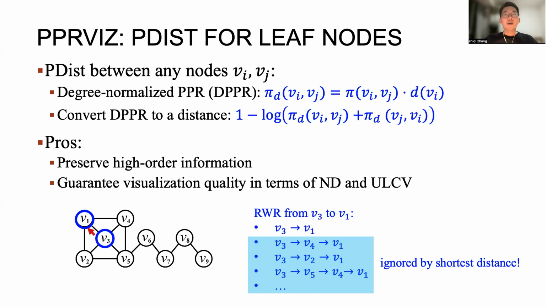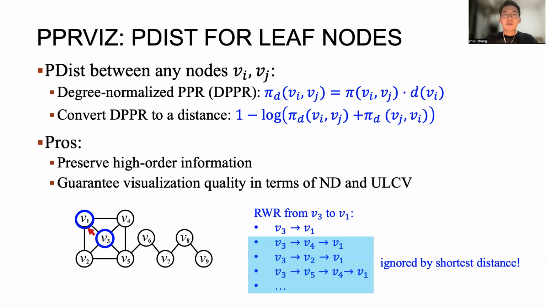Using dPPR as a distance matrix offers several advantages. First, it preserves the high-order information captured by RWR, allowing us to determine node coordinates based on a more accurate graph theoretical distance. For example, to measure the graph distance from V3 to V1, RWR considers the paths as follows.